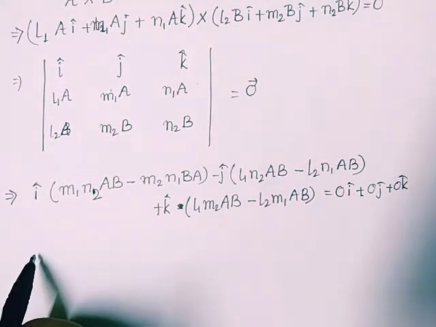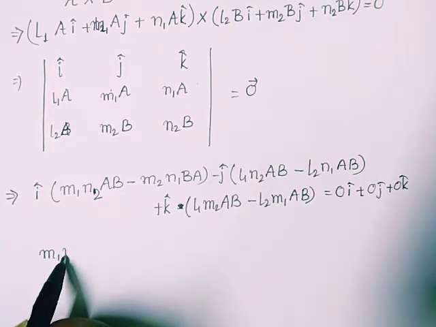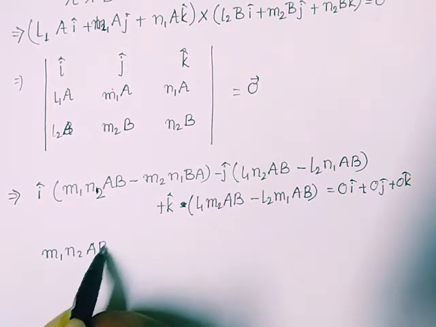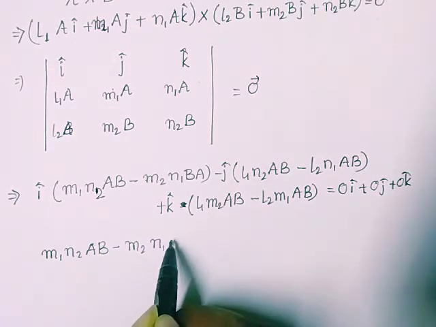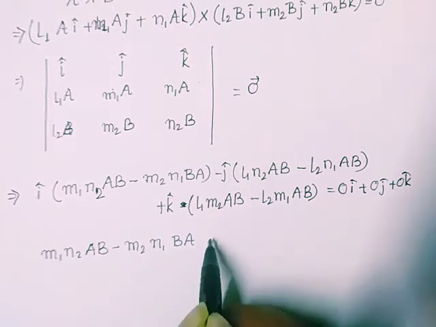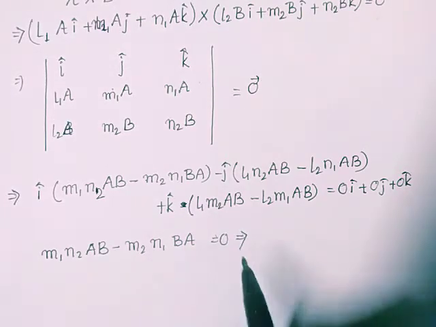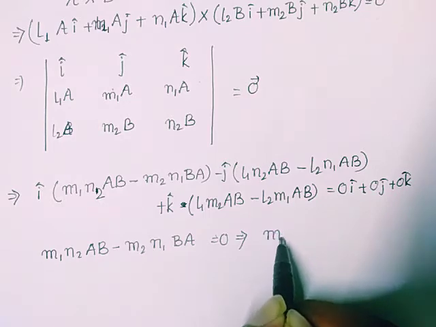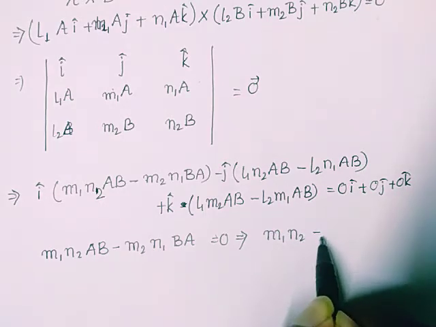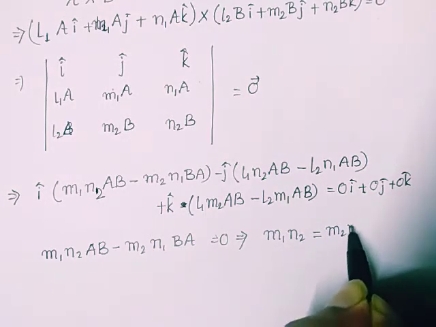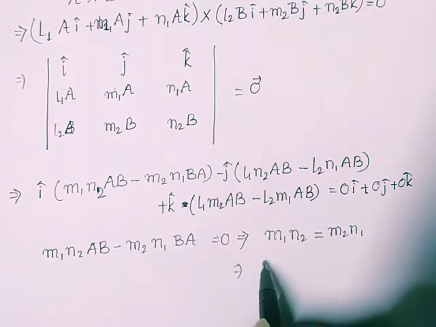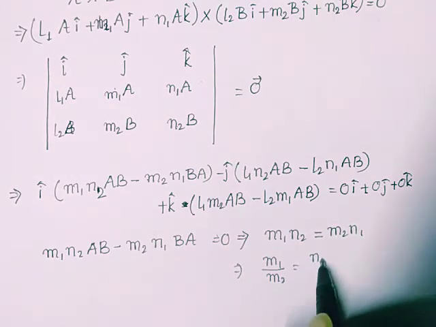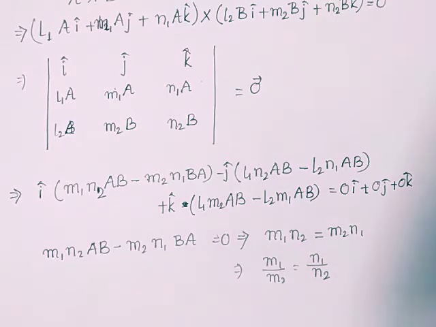now, equalizing the x component, M1 N2 AB minus M2 N1 BA equal to 0. So this will give M1 N2 equal to M2 N1. So from it we can write M1 divided by M2 equal to N1 divided by N2.